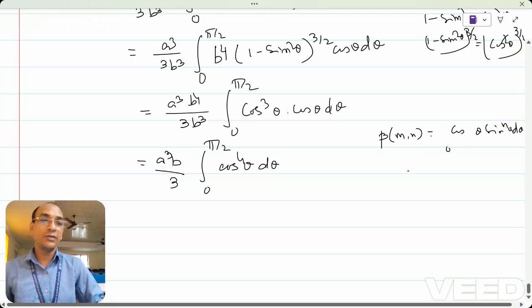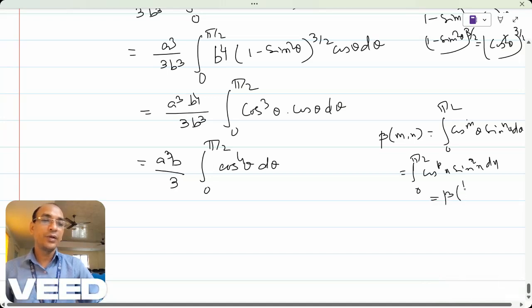This is equivalent to saying integration 0 to pi by 2 cos p x sin q x dx equal to beta of p plus 1 by 2, q plus 1 by 2, all multiplied by 1 by 2.